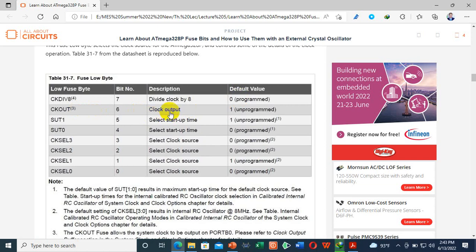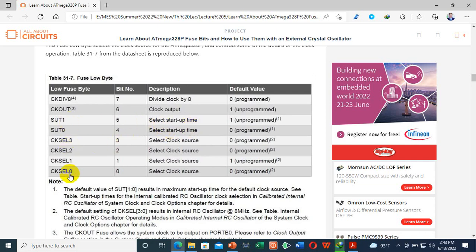Clock out for unprogrammed. This is the startup time. Why do we need the startup time? Because you need a stable operation of the oscillator. When you turn on the system, the oscillator starts functioning, and it needs to reach a stable situation to be reliable. So you get some startup time from here.